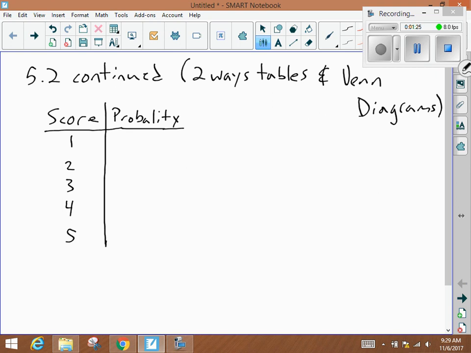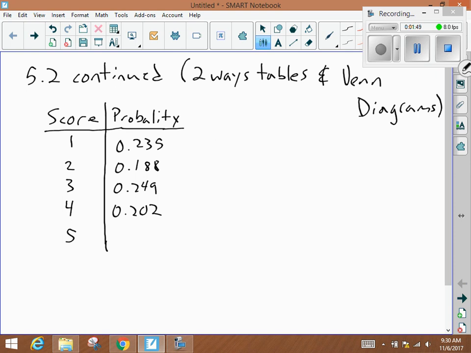All right, there are only 5 particular scores that you can get. The probability of getting a 1 is 0.235. Probability of getting a 2 is 0.188. Probability of a 3 is 0.249. Probability of a 4 is 0.202.